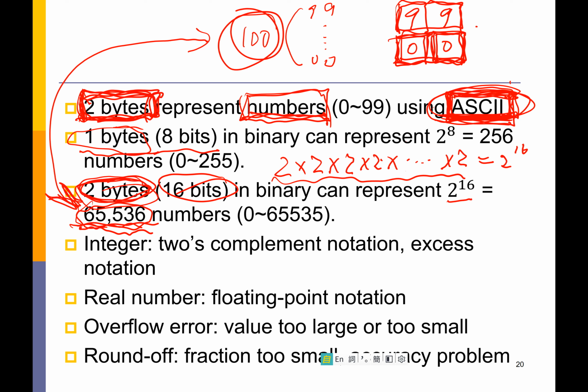And this is the topic we are going to discuss: 3 kinds of notation, 2 for integers and 1 for so-called real numbers. In fact, it is called floating point notation. Why do we need to look at how numbers are represented?